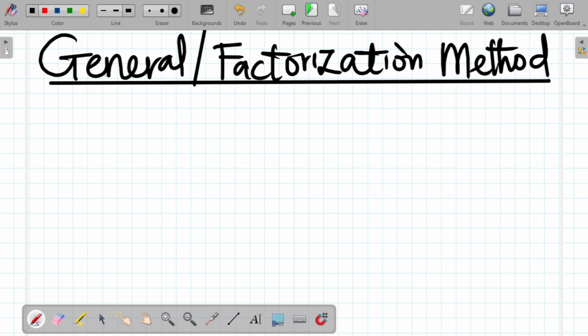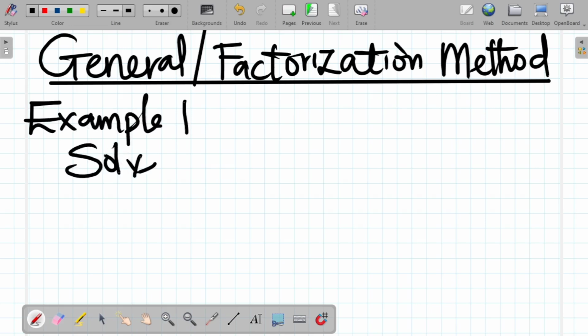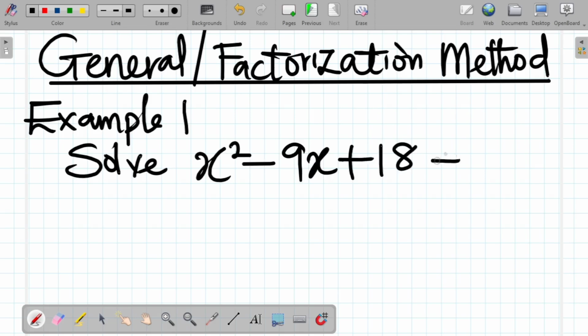In this class, we are going to be considering the general or factorization method alone. Now let's solve an example. Example 1. Solve x squared minus 9x plus 18 equal to 0.